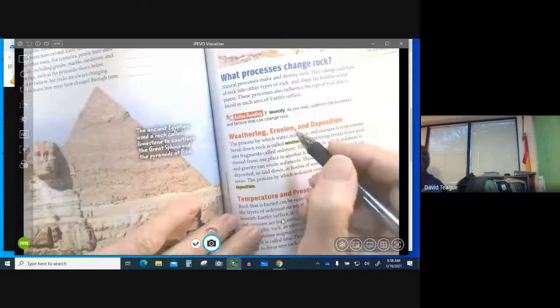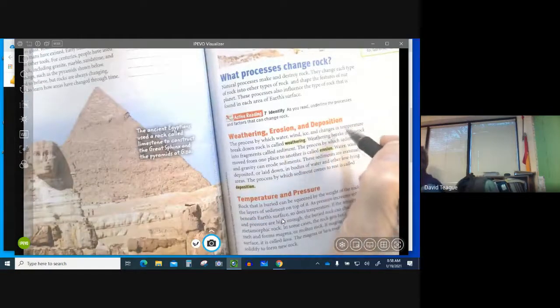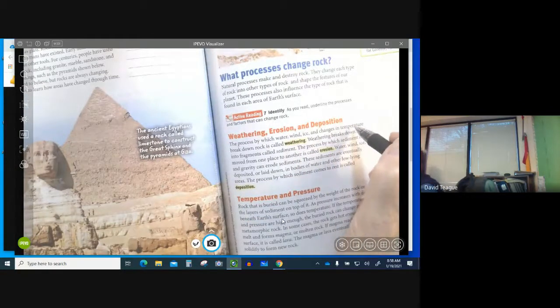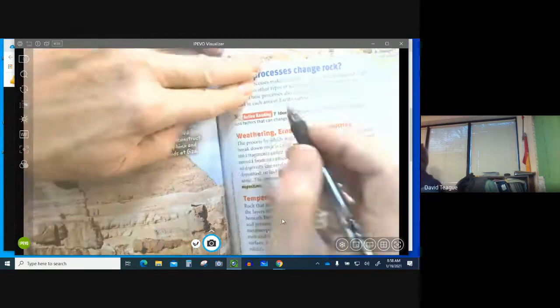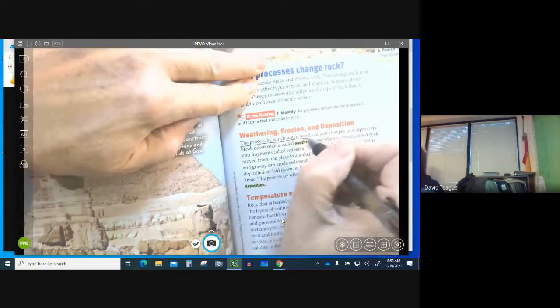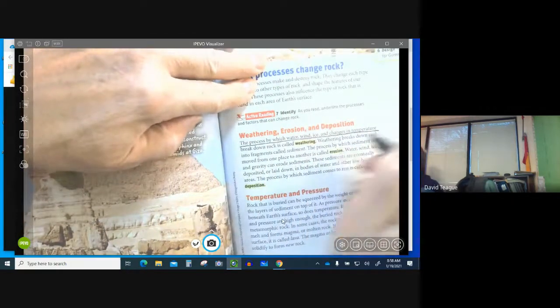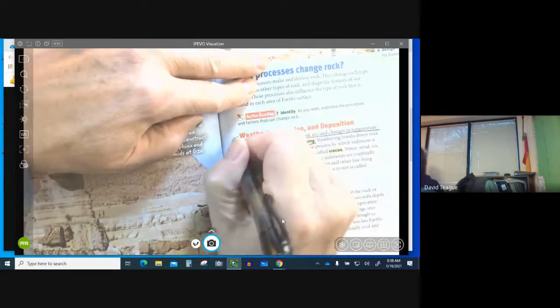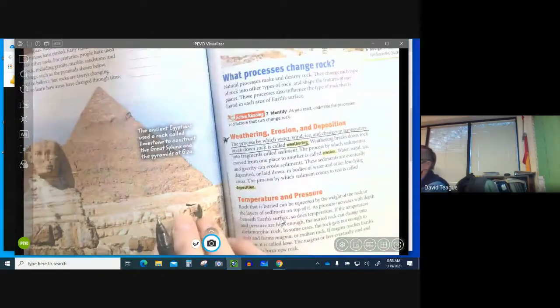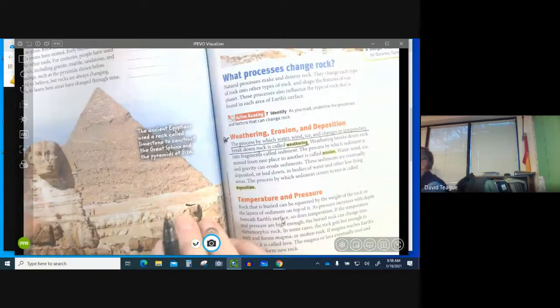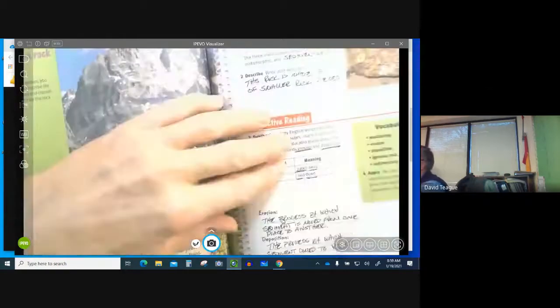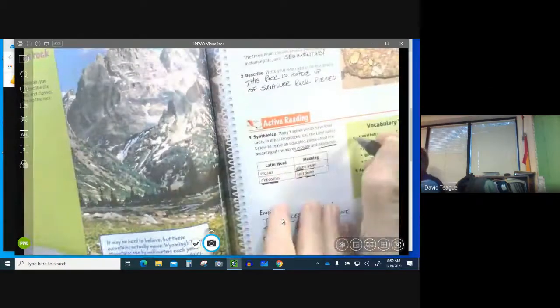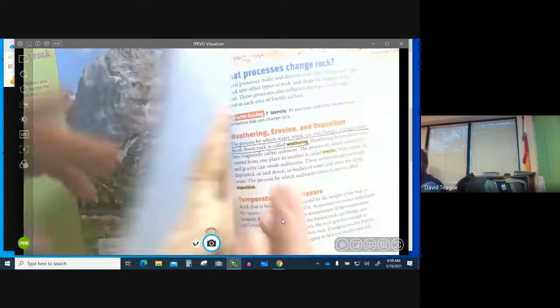The process by which water, wind, ice, and changes in temperature break down rock is called weathering. So let's underline that. Let's put a star out here so we know that's a vocabulary word that can help you in your quiz. Okay, so we got weathering. Next one is erosion.